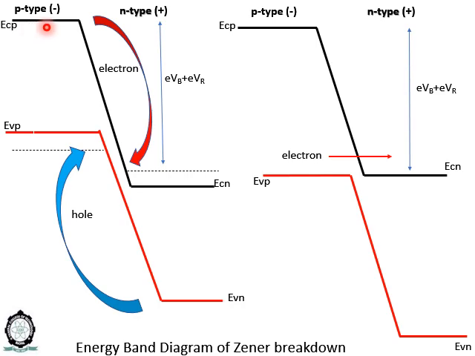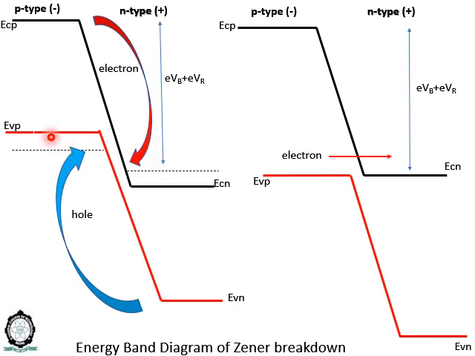So when we apply a reverse voltage, the p side electrons are able to move to the n side, and the n side holes are able to move to the p side. When electrons come from the p side to the n side, the energy levels of the n side conduction band are going to be filled, that's why it is rising upward.